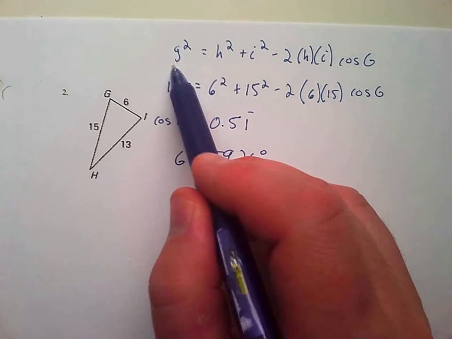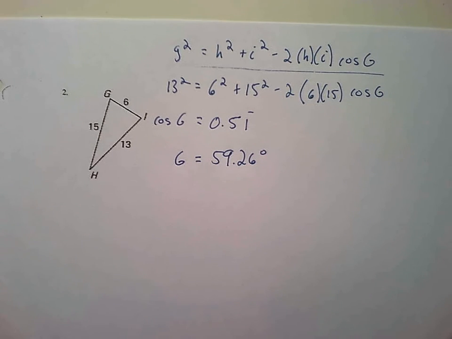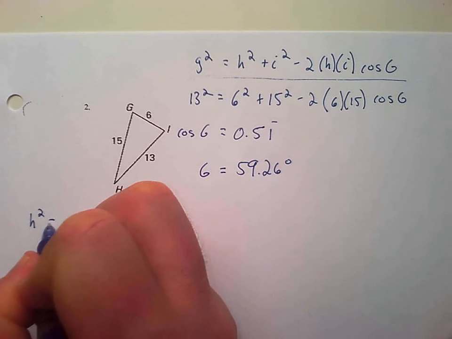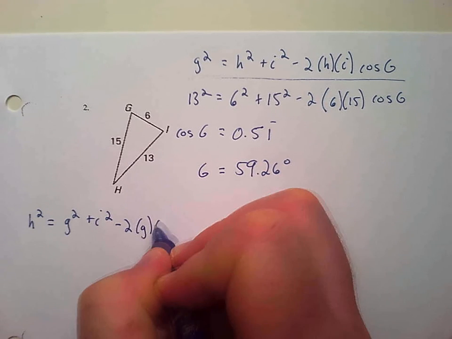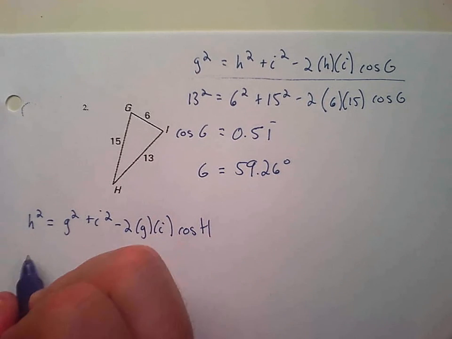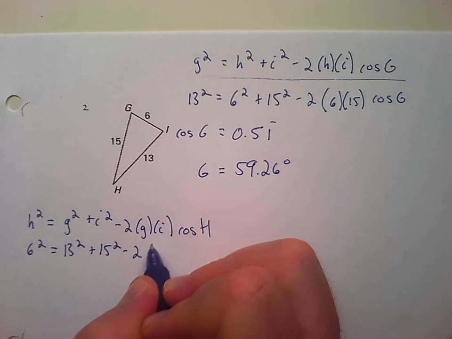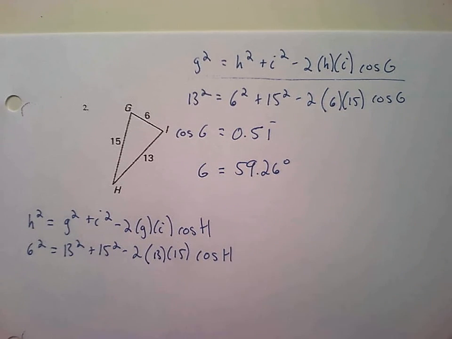Alright, again, the only new step is to apply this formula whenever we have side, side, side. The arithmetic behind this stuff is definitely not something that's new, but now we know one of the angles, that's 59.26 degrees. Now let's go on to say h, and we're going to say that h squared is equal to g squared plus I squared minus 2 times g times I times the cosine of h, which is going to give us 6 squared is equal to 13 squared plus 15 squared minus 2 times 13 times 15 times the cosine of h.